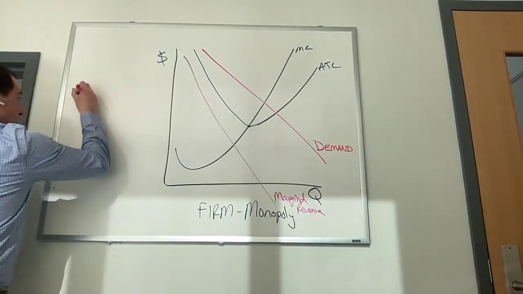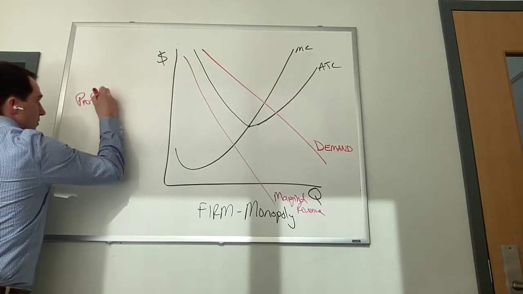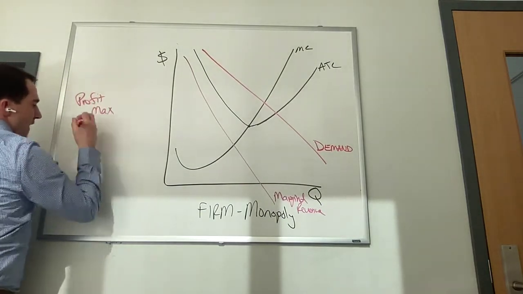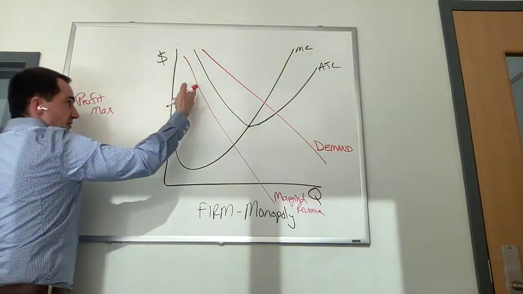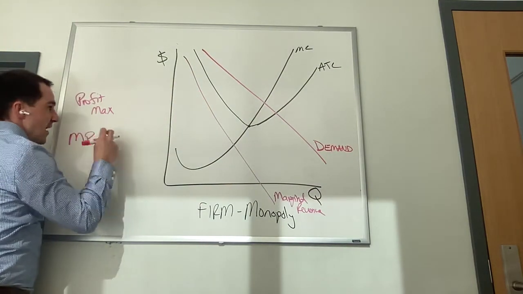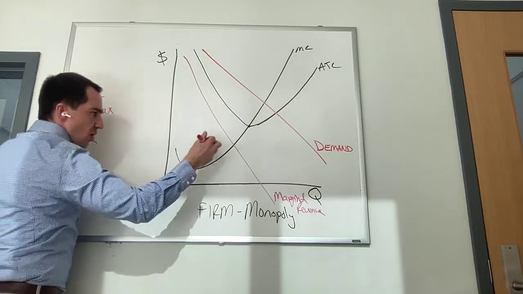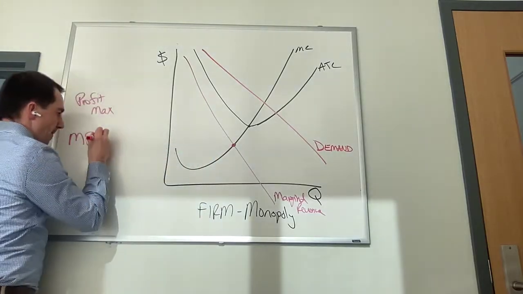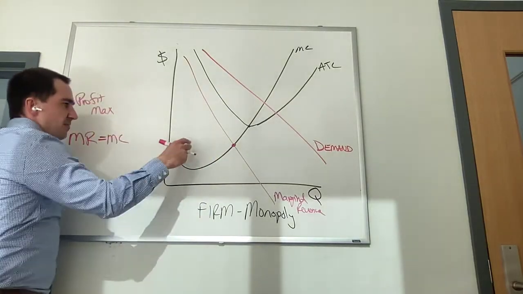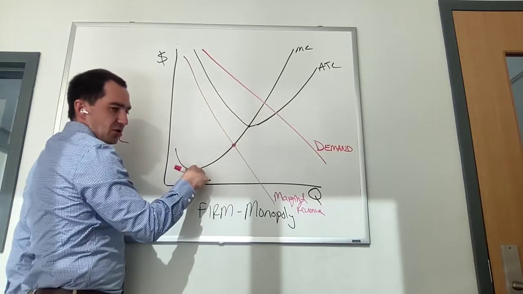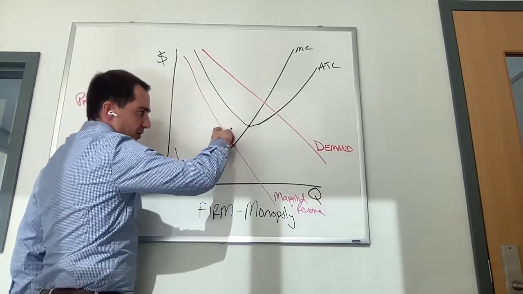Profit maximizing condition. You want to produce whenever the marginal revenue is greater than the marginal cost, all the way up until they're equal. If marginal revenue is above marginal cost, that means selling one more, you're going to make profit.